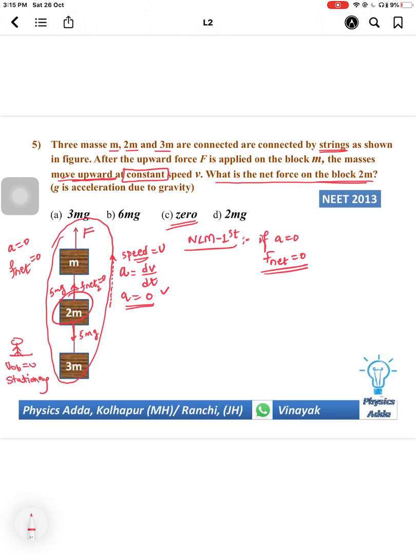Let's solve the problem. We'll go by our usual method of solving the problem. I will draw FBDs for individual blocks.